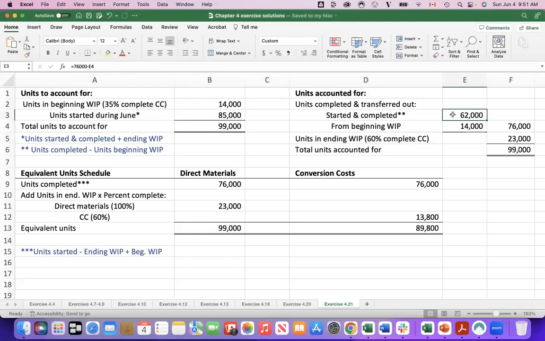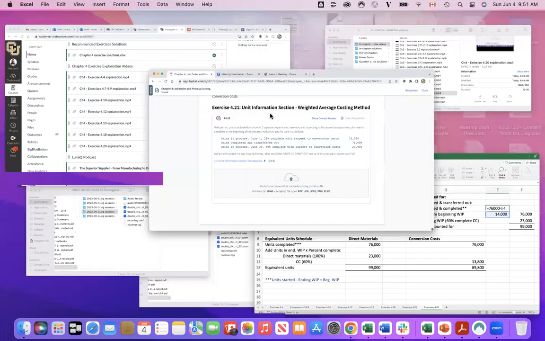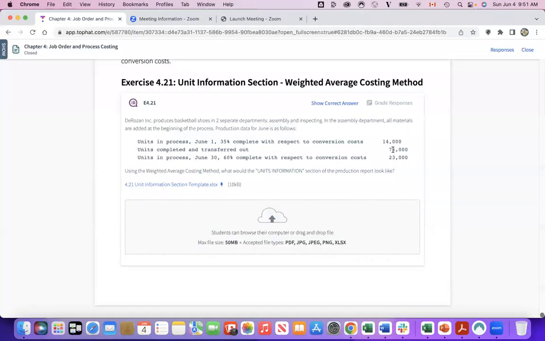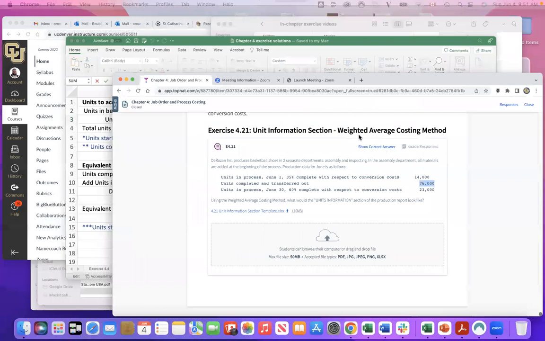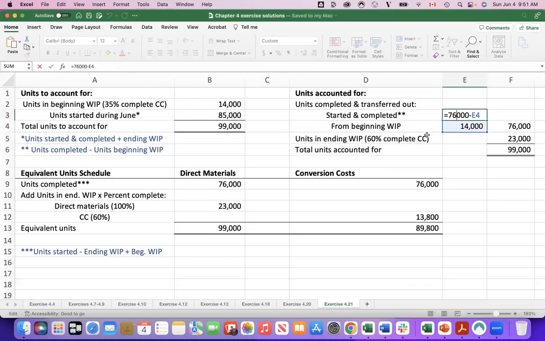How do we calculate the started and completed? That's this formula here, units completed minus beginning work in process. If you remember in the question, units completed during the month were 76,000 units, and units in beginning work in process were 14,000. So that means units started and completed for the month of June were 62,000 units.